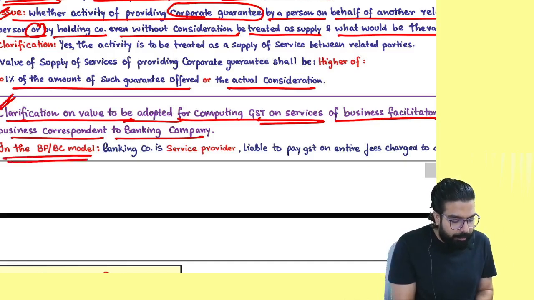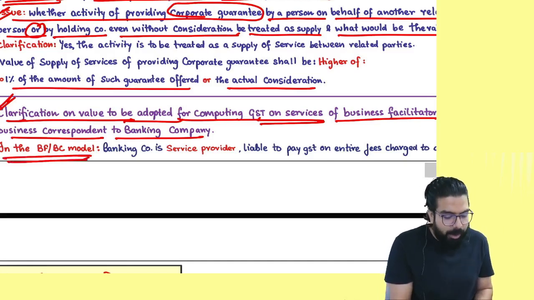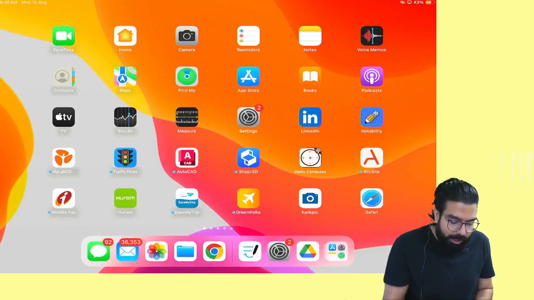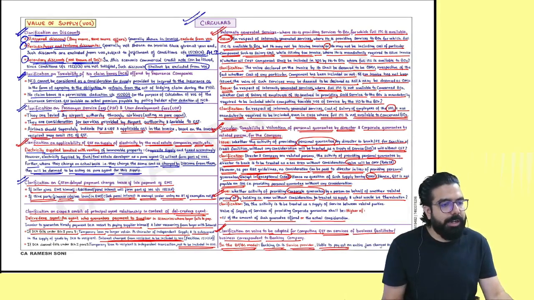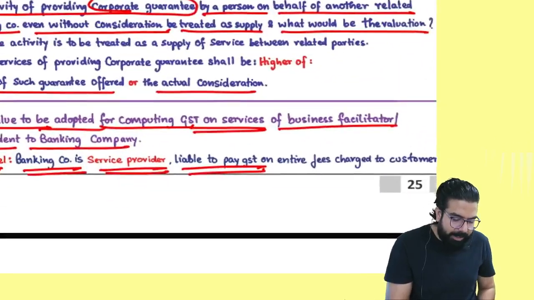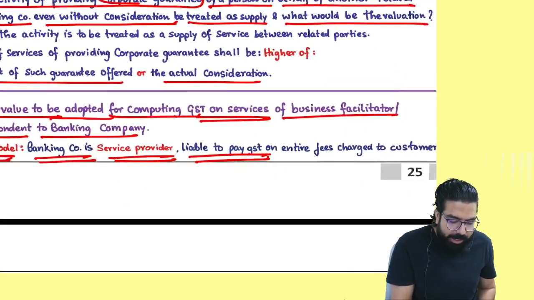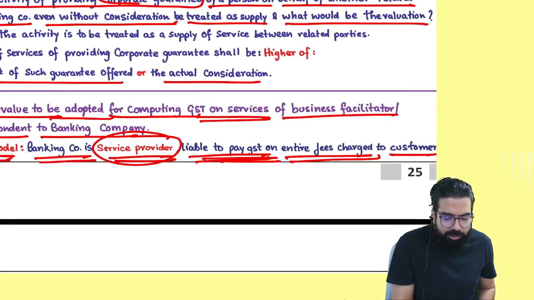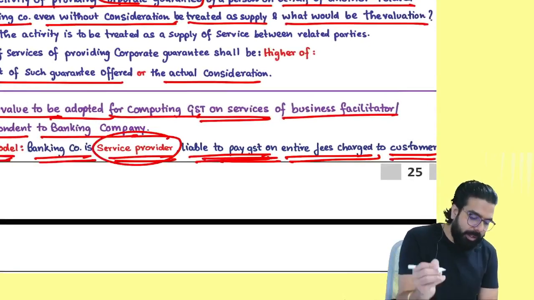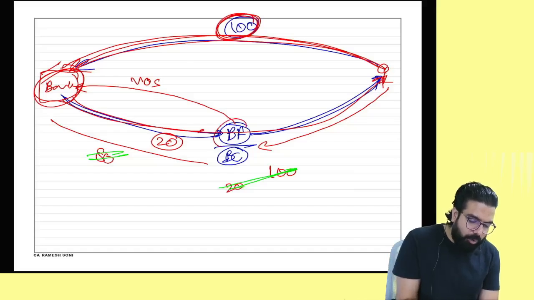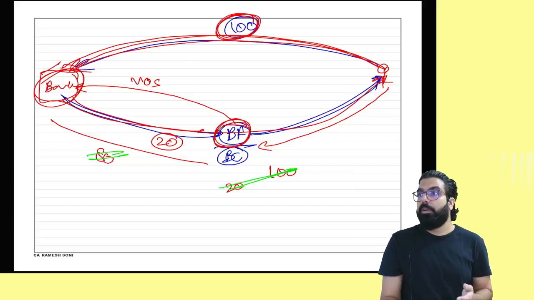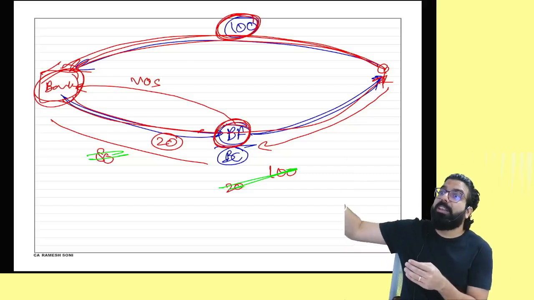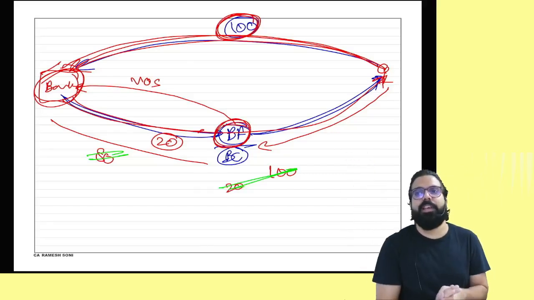Always remember, in the business facilitator, business correspondent model, the banking company is the service provider, liable to pay GST on the entire amount charged to the customer. Sir, what if out of this amount 20 rupees were charged by the business facilitator? For that 20 rupees the bank has to pay GST under RCM. Is my point clear to all?